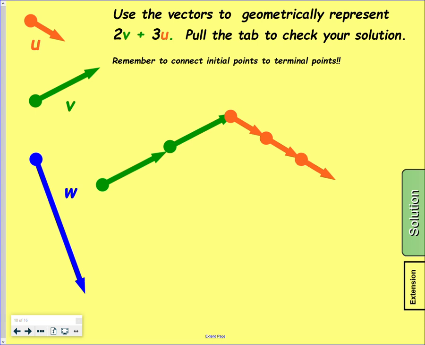Okay. Now what's my resultant going to be? Start at the very first starting point. Yep. Put an arrowhead. Okay. That's my resultant vector. Very nicely done. Y'all give him a hand.